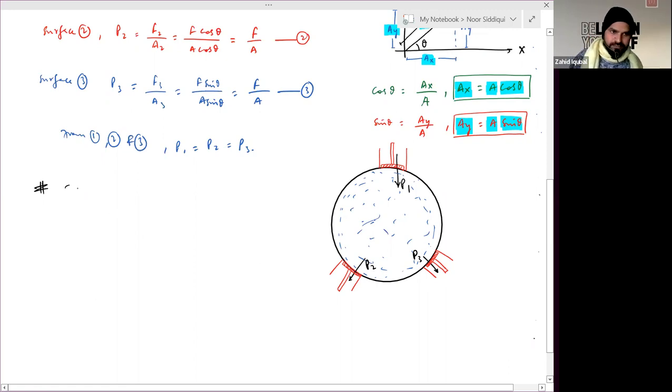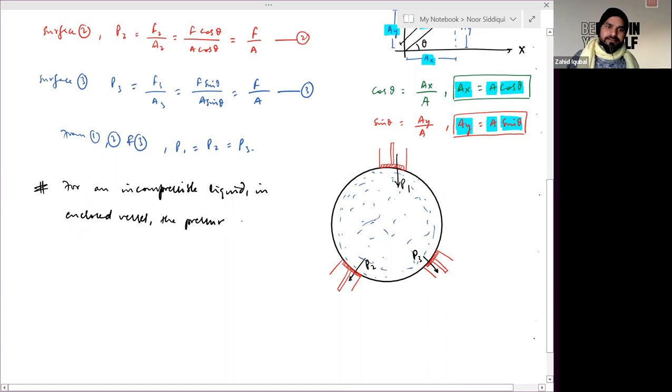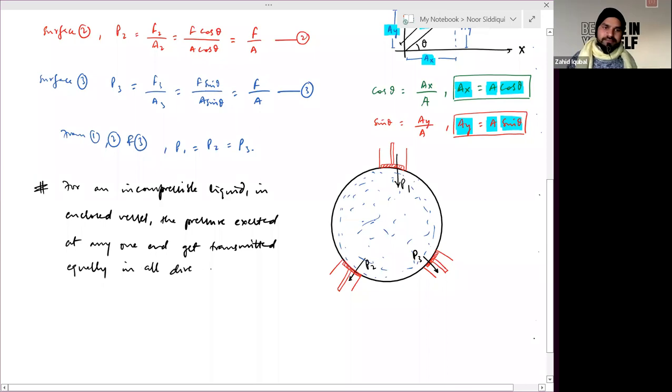So for an incompressible liquid in an enclosed vessel, the pressure exerted at any one end gets transmitted equally in all directions without getting diminished.